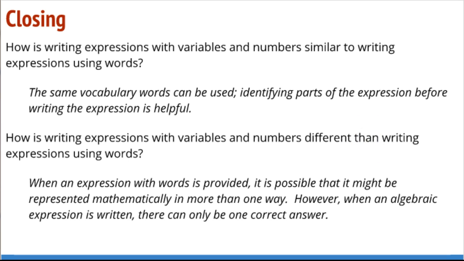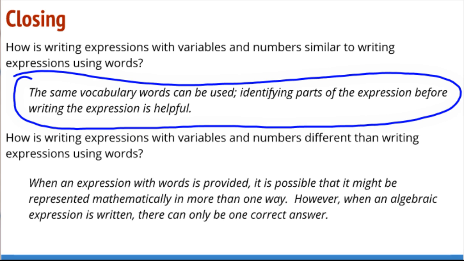All right, so taking a look here, how is writing expressions with variables and numbers similar to writing expressions using words? It's the same vocabulary words. The vocabulary remains the same. We do need to identify the parts of the expression before writing the expression. It's helpful to look and say what is actually happening here. How is writing expressions with variables and numbers different than writing expressions using words?